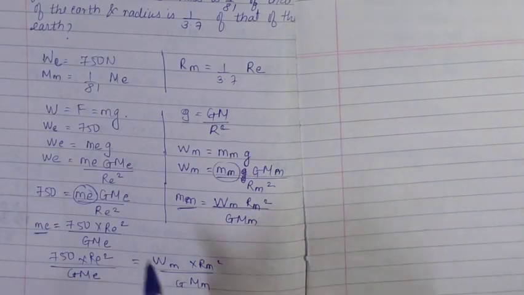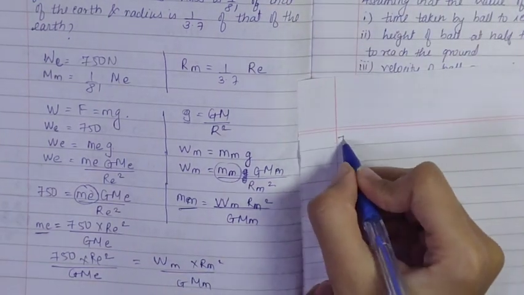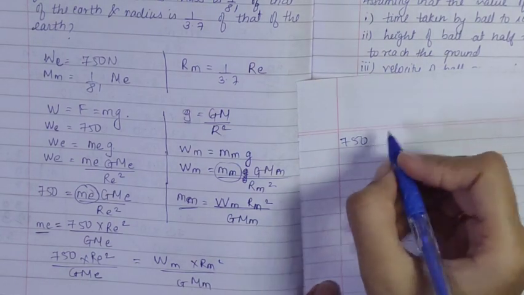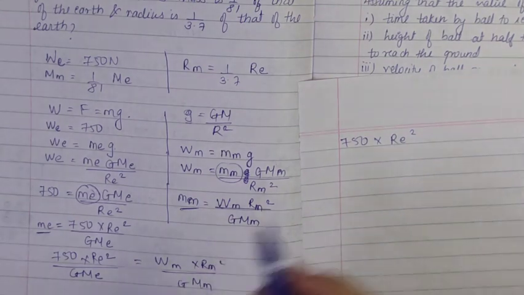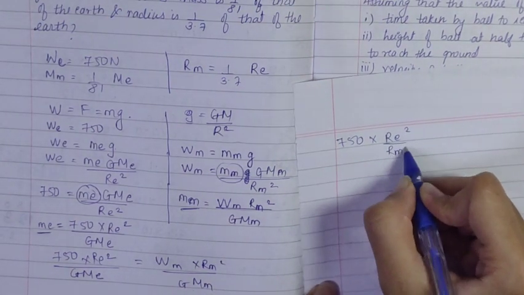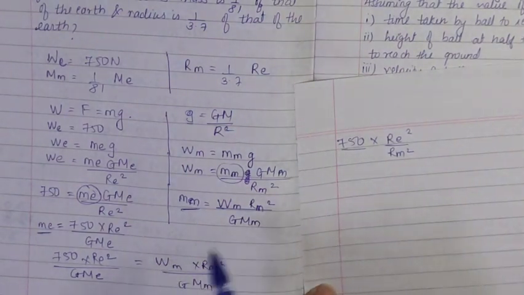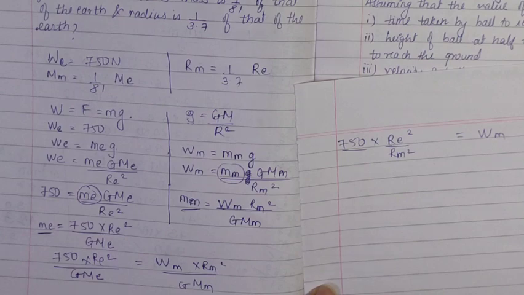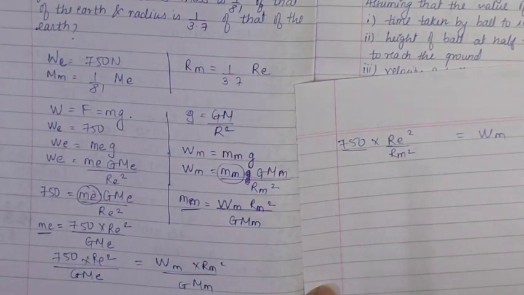Next, what will I do? Now I will solve this equation. That will be 750 into R E square, and I'll bring this R M down here, R M square. I will keep that W M this side on the RHS because I need to find W M. What if they ask the weight on the moon?